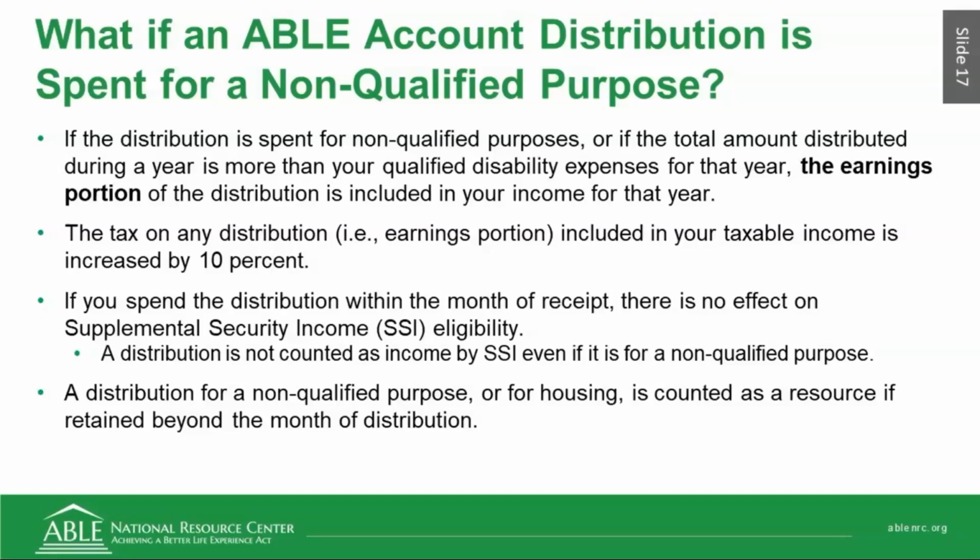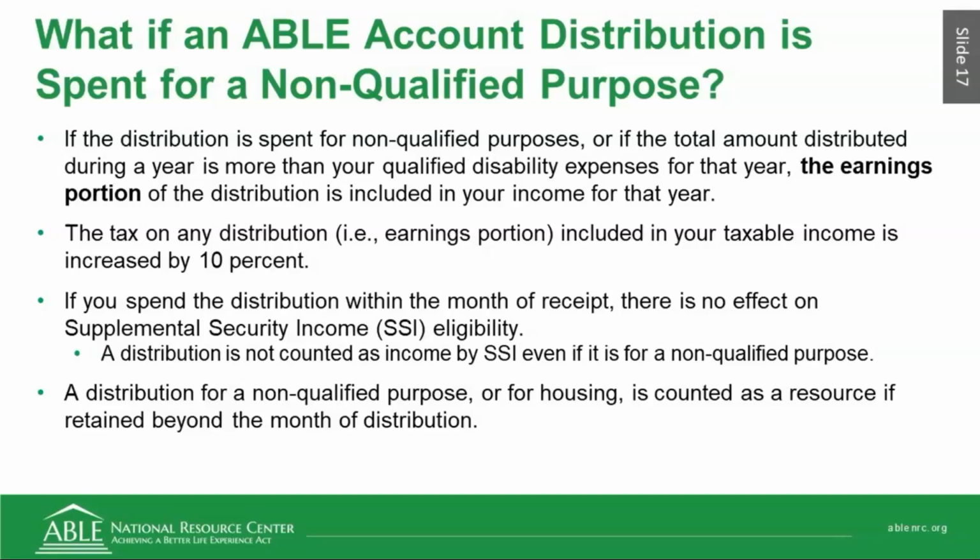If you're in the 10% tax bracket and you've got $50 of additional taxable income, what's your extra tax? $5. And then there's a 10% penalty on top of that. What's 10% of $5? 50 cents.